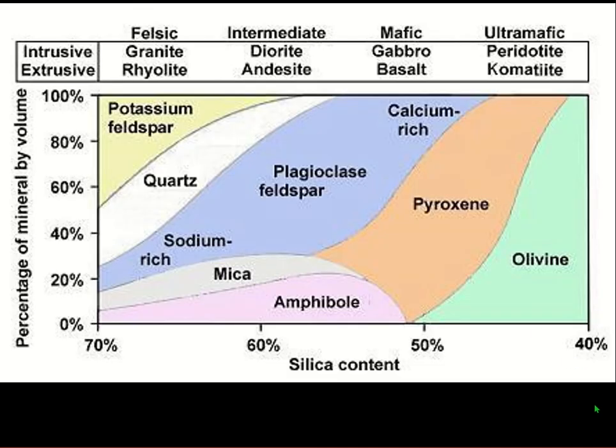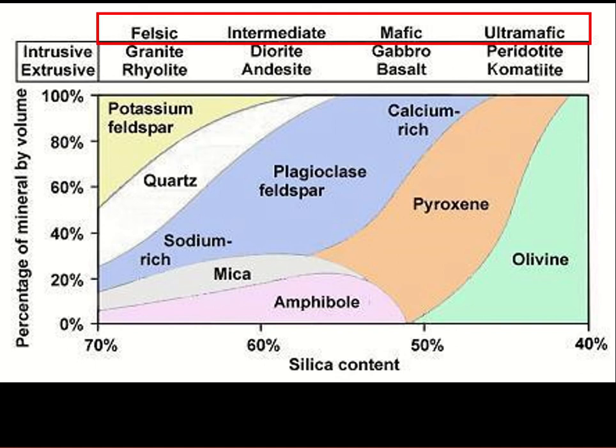So this is a very fun diagram which I made based on other people's, and it shows you all sorts of fun things. For instance, the types of igneous rock: felsic, intermediate, mafic, and ultramafic, and how much silica is within it.